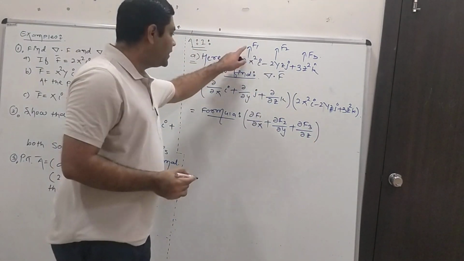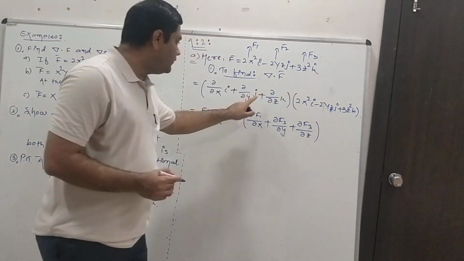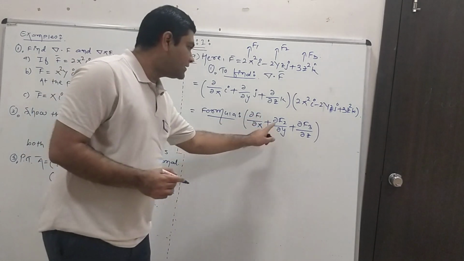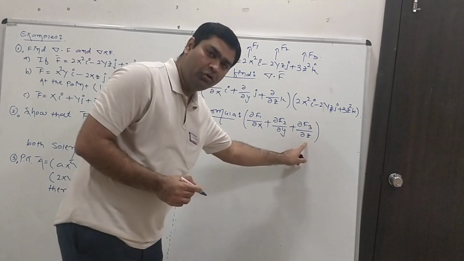So this is our f1, this is our f2, this is our f3. Now we'll find the partial derivative of f1 with respect to x, f2 with respect to y, and f3 with respect to z.